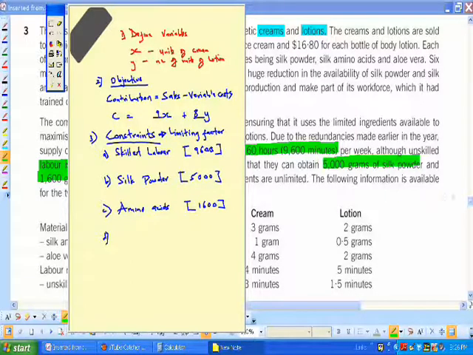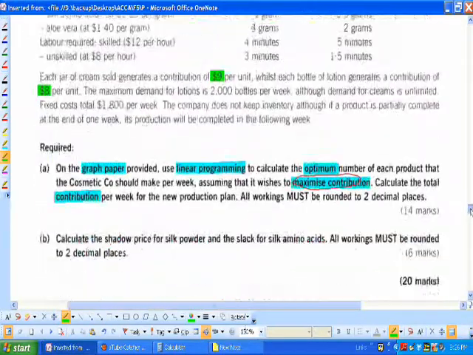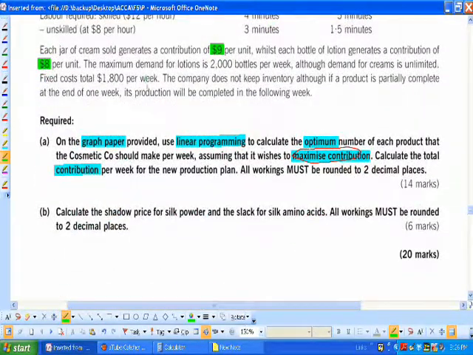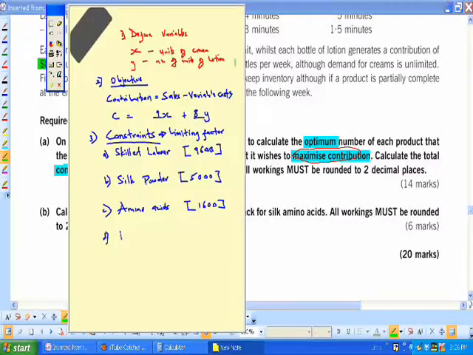Then, if you read carefully in the last paragraph here, they're telling us that the demand for lotion is limited to 2,000 units. So demand for lotion is limited to 2,000 units.